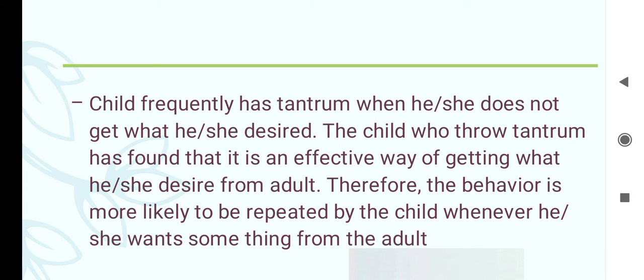So this will cause problems in the classroom while they are with their friends. So what is the cause and effect of this? Their friends will be scared, and of course it will cause relationship problems with the others.